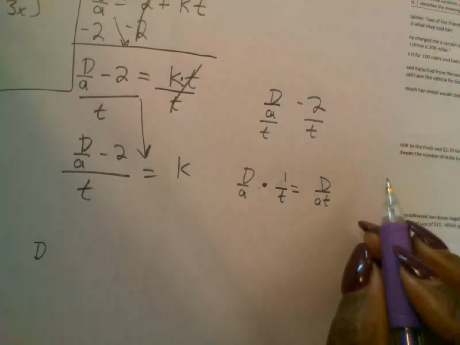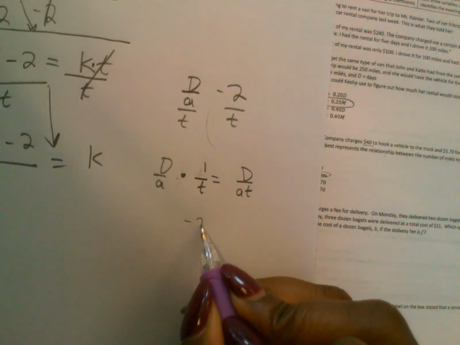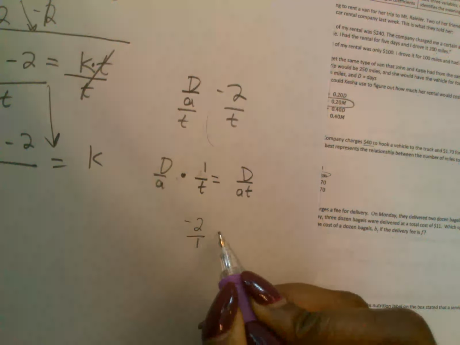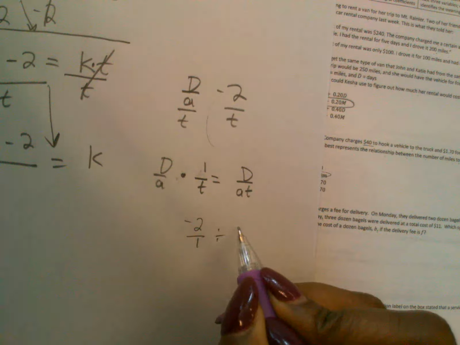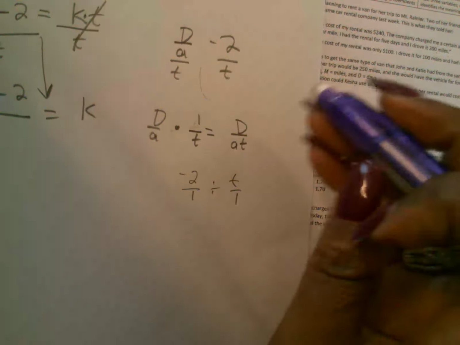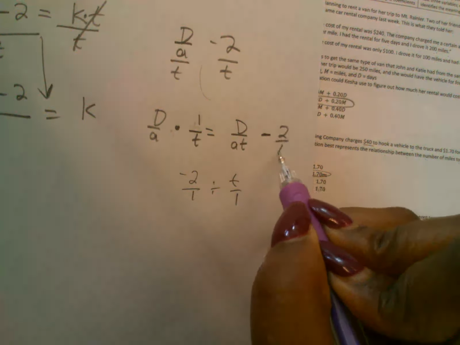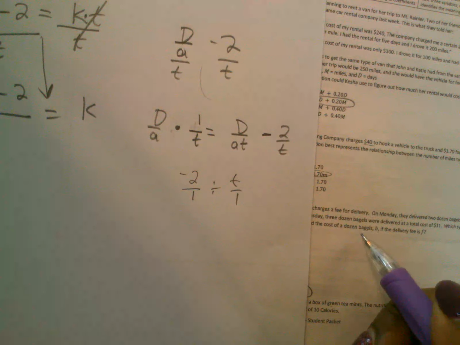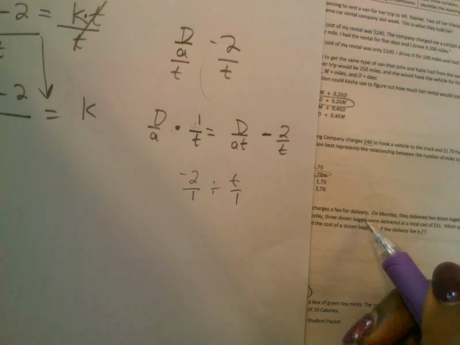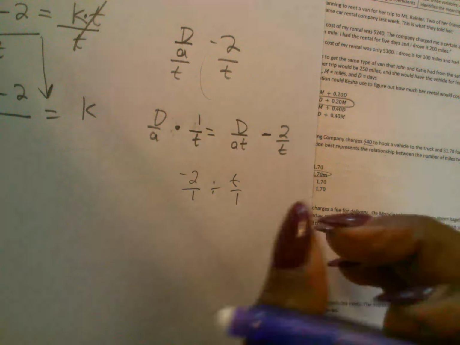All right, that's what that would be. This side, if I do negative 2 over 1 and I divide by T, that's T over 1. That's multiplying, so that's still going to be minus 2 over T. I don't see that answer anywhere.